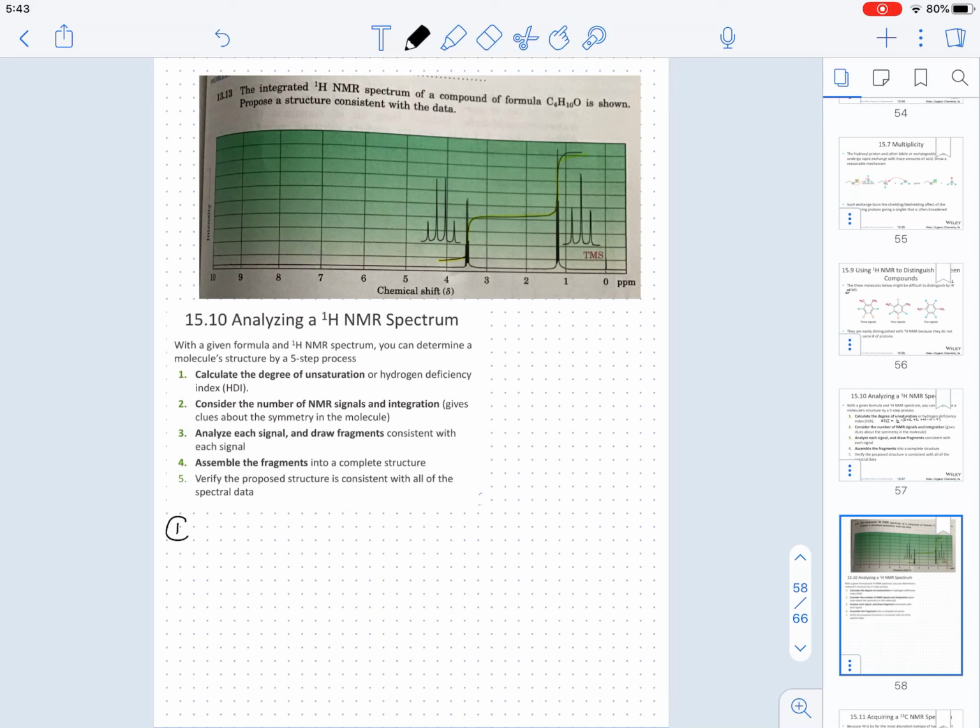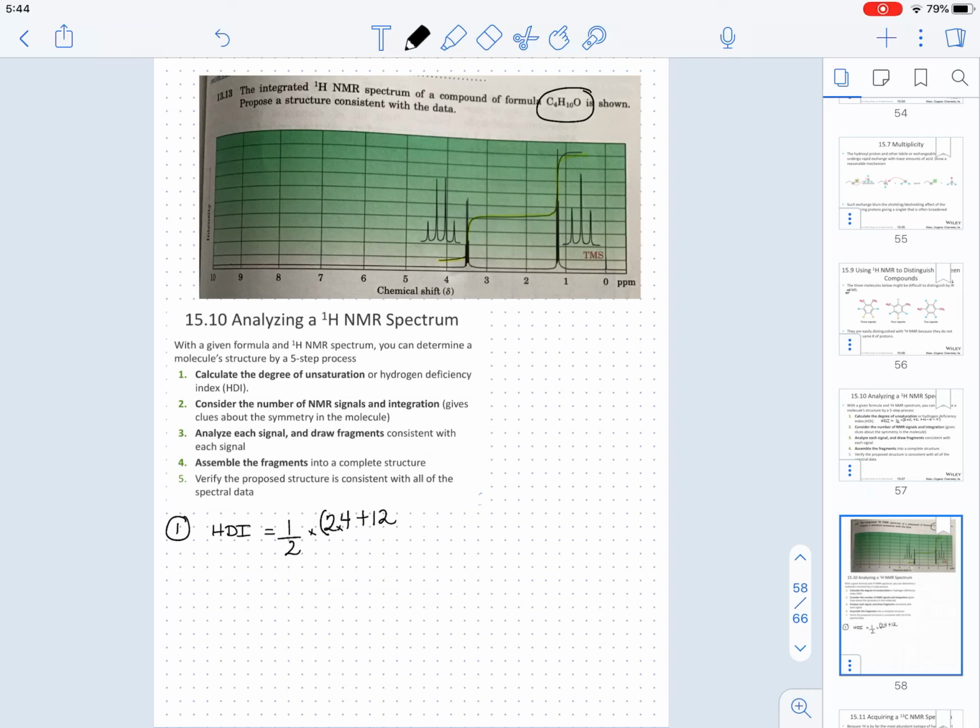So, I take my chemical formula, which I know is C4H10O, and then I say, okay, my HDI establishes that I'm going to take half of 2 times carbon, which in this case is going to be 4. So 2 multiplied by 4. Then I'm going to add 2. In this case, I don't have nitrogen. I don't have a halogen.